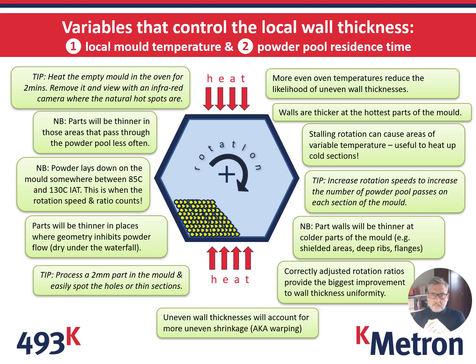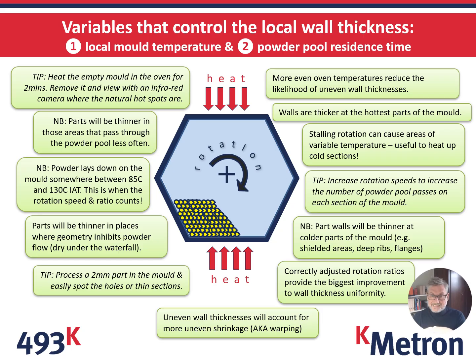Starting at the top right and working our way around clockwise, it's true to say that more even oven temperatures reduce the likelihood of uneven wall thicknesses. Walls will be thicker at the hottest parts of the moulding. Stalling rotation can cause areas of variable temperature, which sometimes can be useful to heat up cold sections of your part.